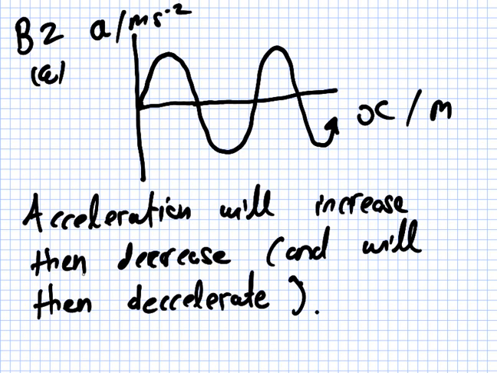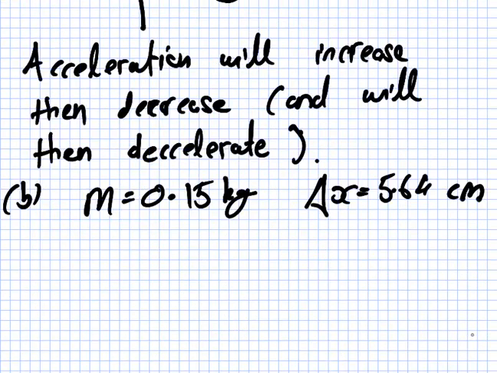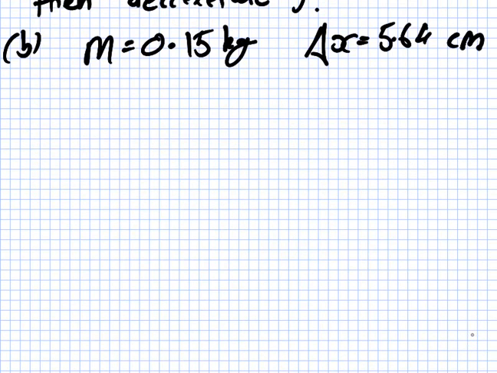Okay, the B part. You have a mass of 0.15 kilograms and the extension is 5.64 times 10 to the minus 2, so that's actually centimeters. What's the spring constant? What formula will we use, the spring is like this.